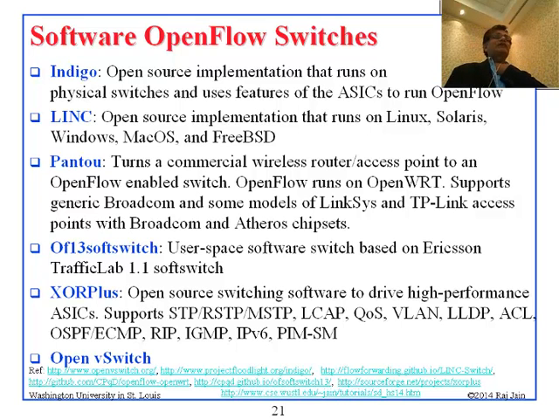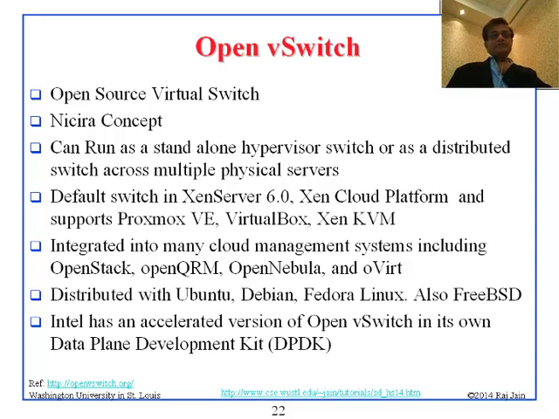The most important one is Open vSwitch at the bottom. Open vSwitch was done by Martin Casado, the same guy. And so Open vSwitch is the most commonly used switch today. It is a software piece. You can download it, you can use it, you can make a switch out of a PC.